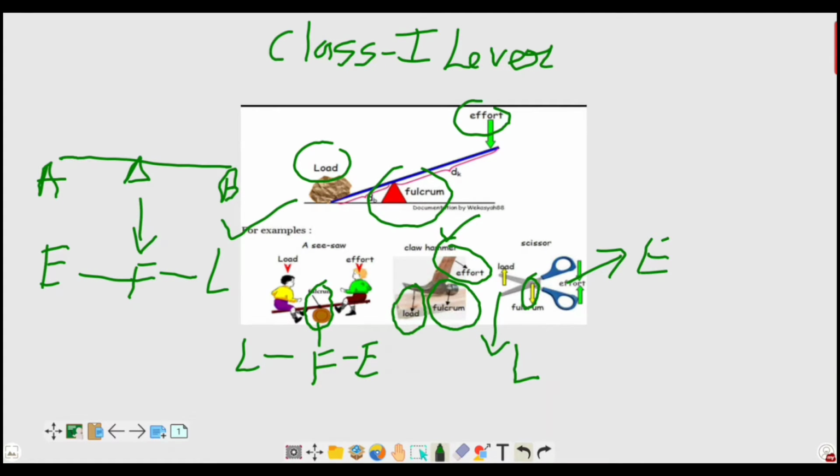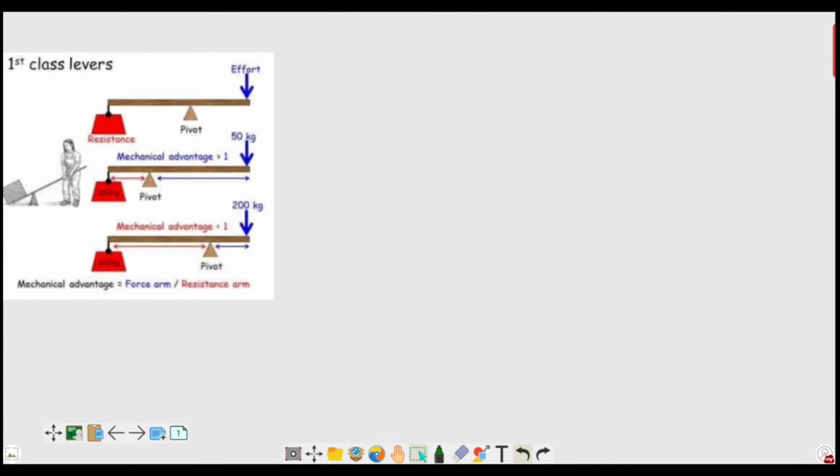Now first discuss class 1 lever in detail, students. Now students, class 1 lever. In this, this indicates effort, this one indicates the load, and this indicates the fulcrum. Depending upon the position of the fulcrum, the pivot indicates the fulcrum, and here the resistance indicates the load.